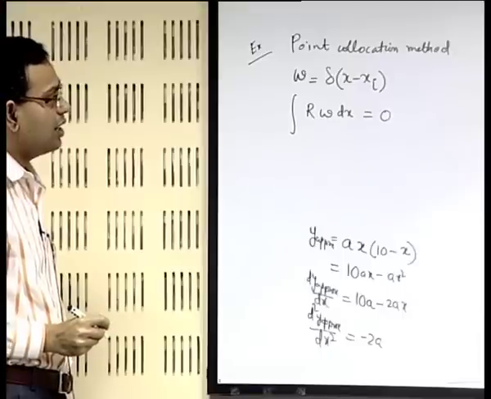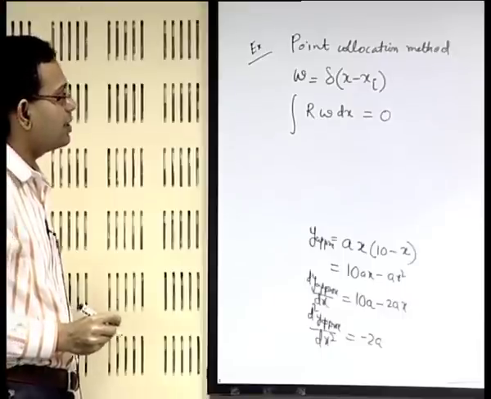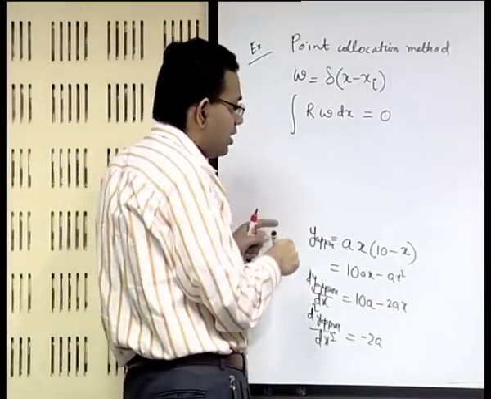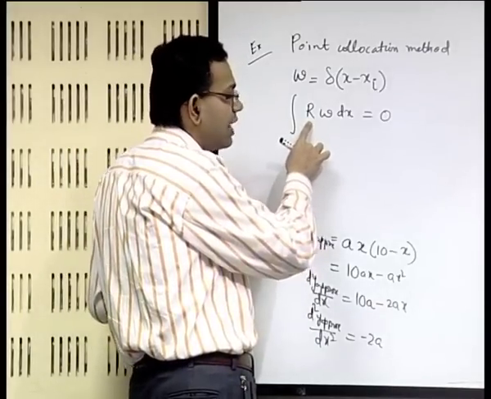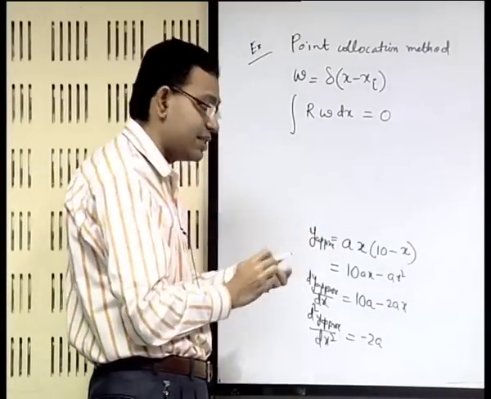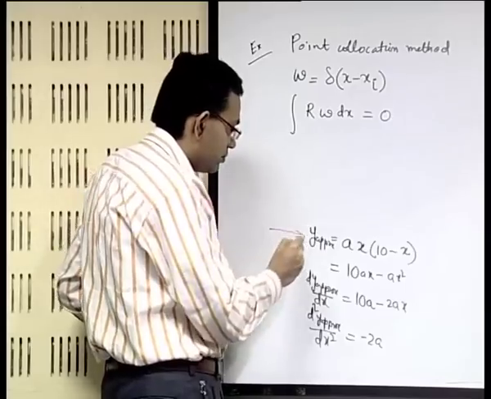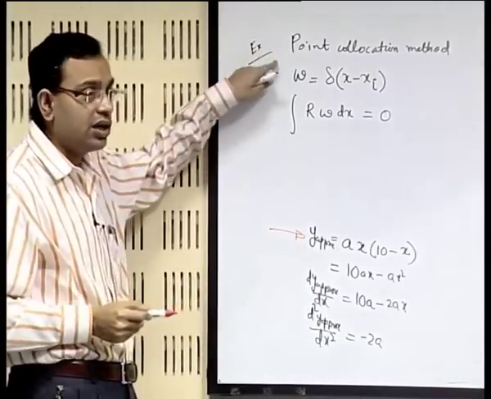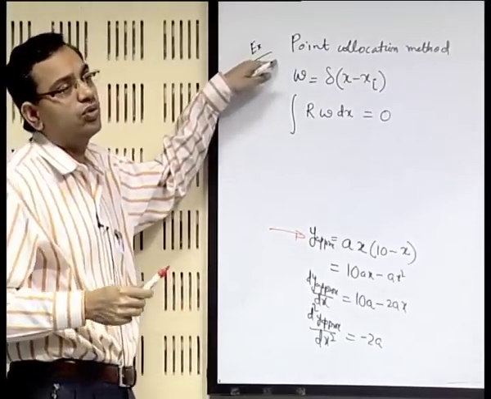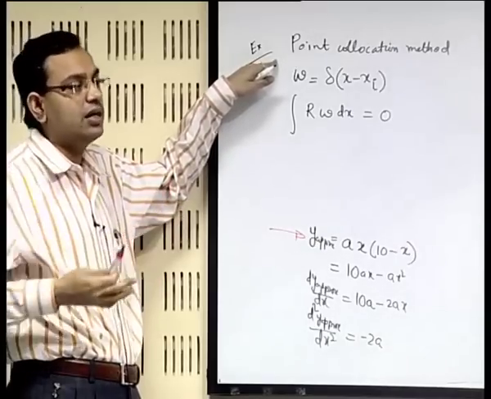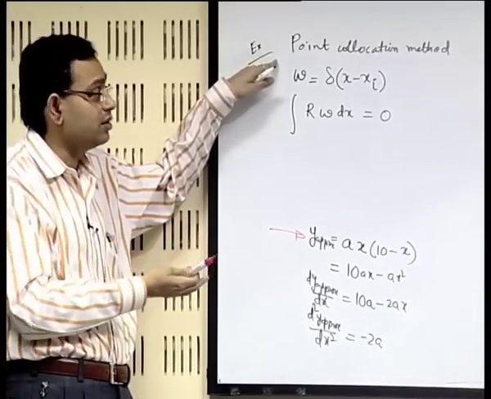So, what is r? R depends again on what your trial function is. Let us say we keep the trial function same. This is a different method, but it does not mean that we have to forcefully choose a different trial function. We can keep the same trial function.